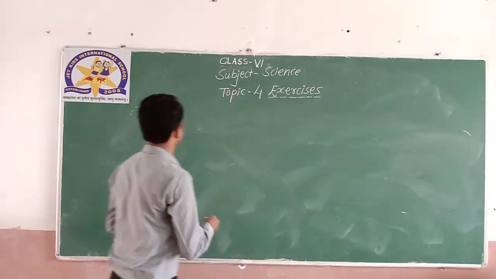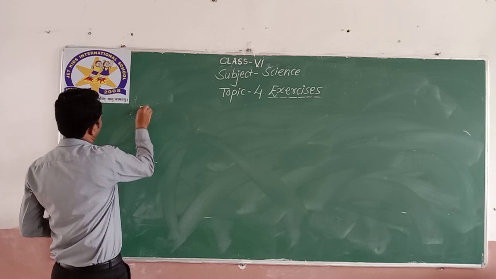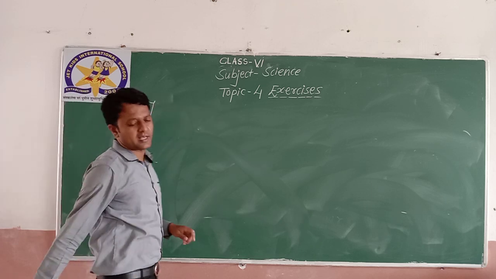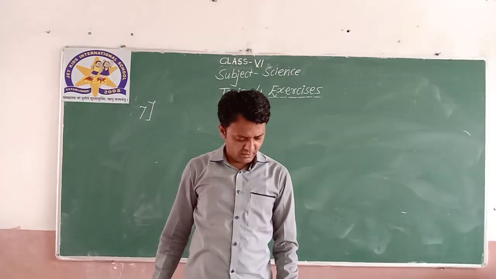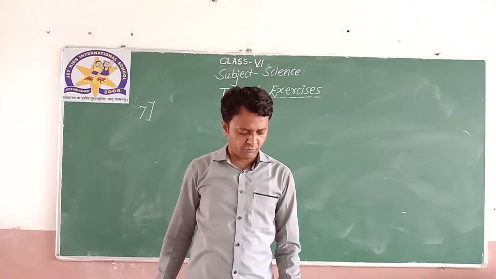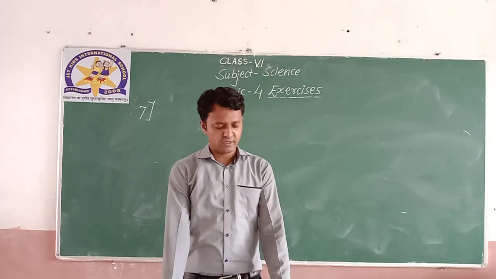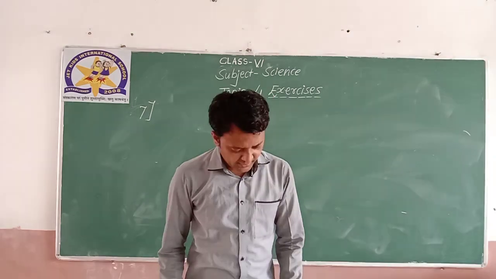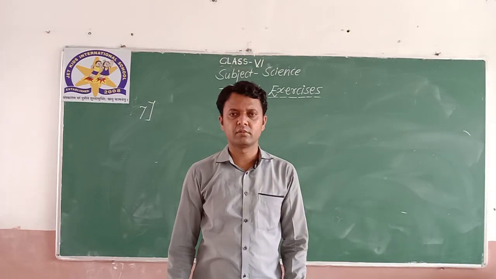Number 7 is the last question of the lesson. Find the odd one out from the following. First: chair, bed, table, baby, cupboard.